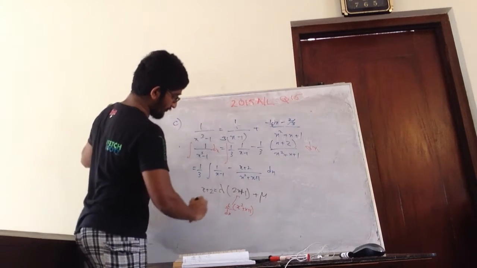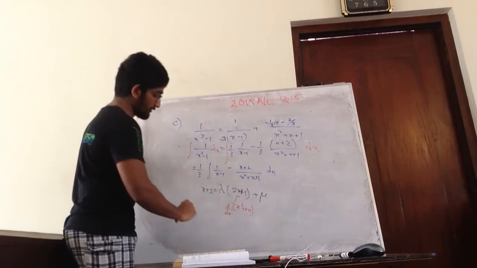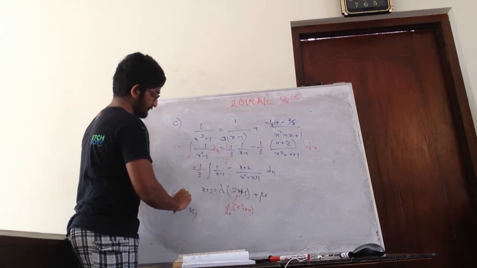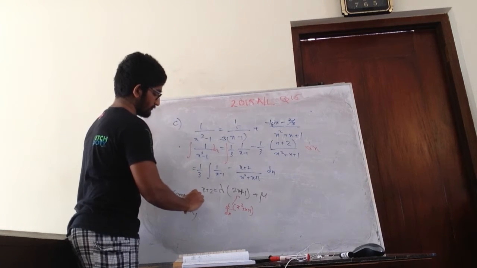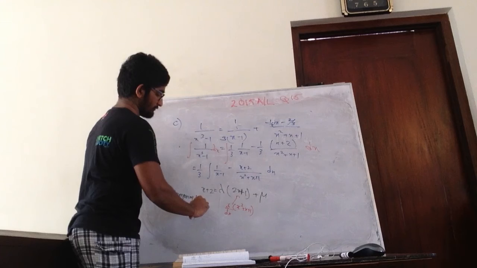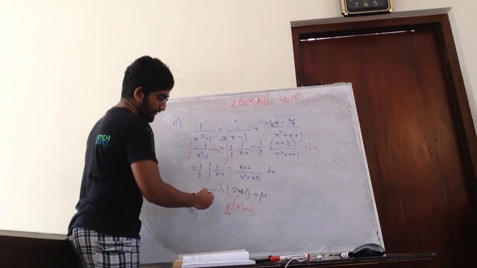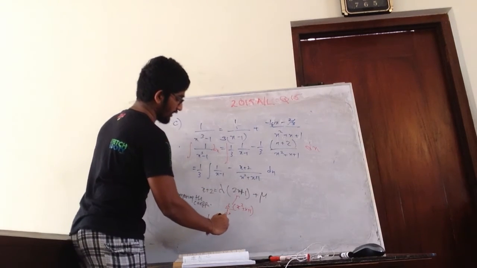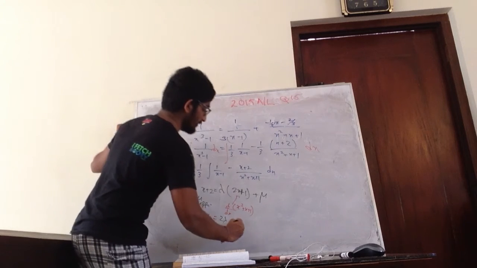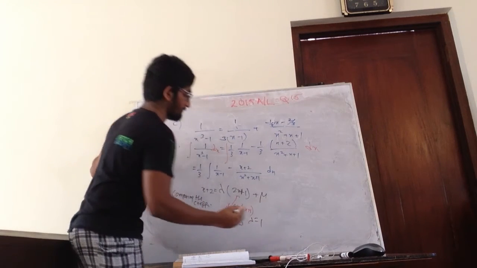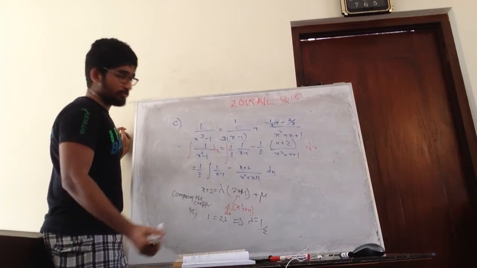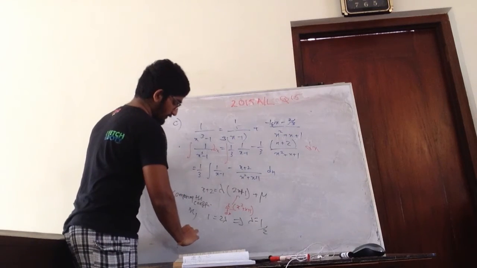Right, so then I am going to compare the coefficients. Comparing the coefficients of x, it is going to be 1 on this side and 2 lambda on the other. So basically lambda will be 1 over 2. Then find the mu, the constant.